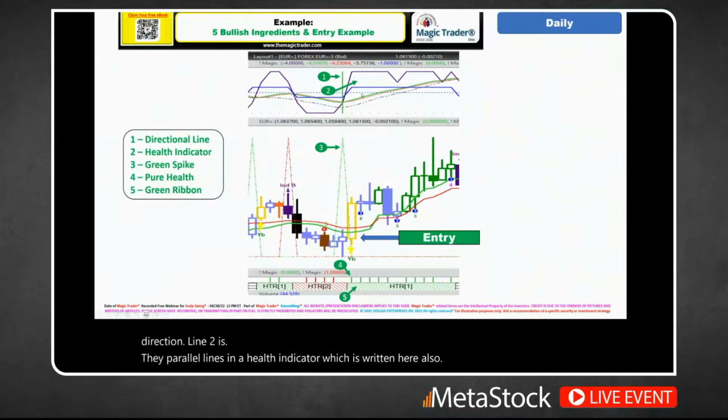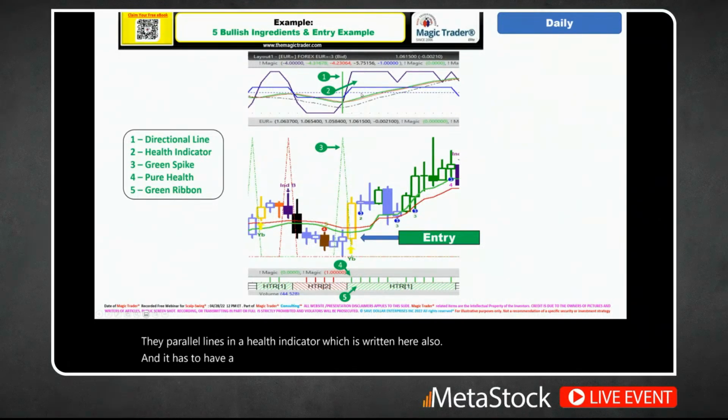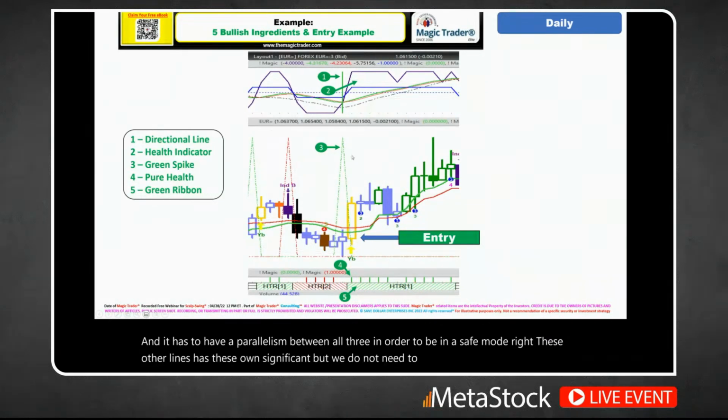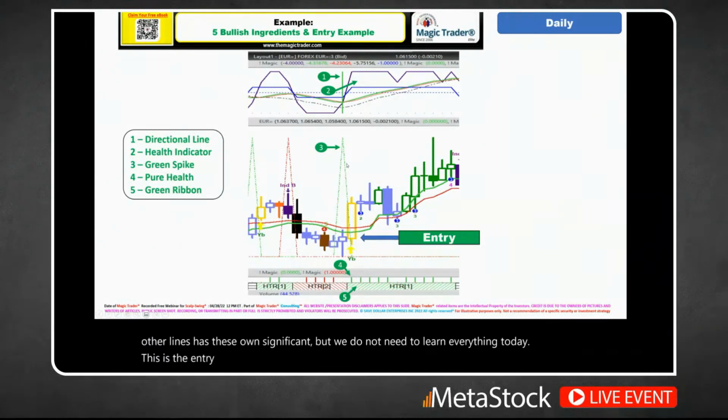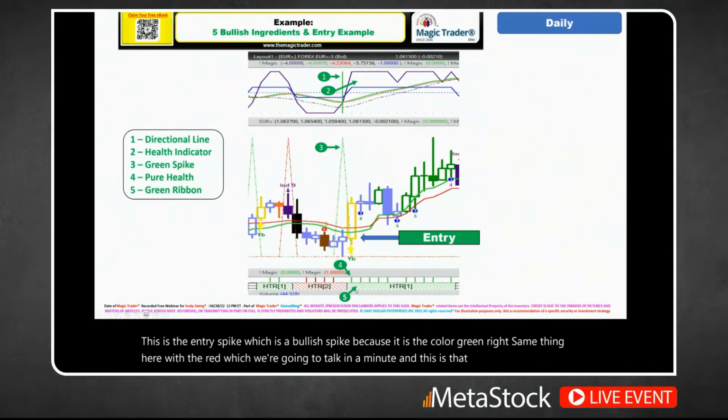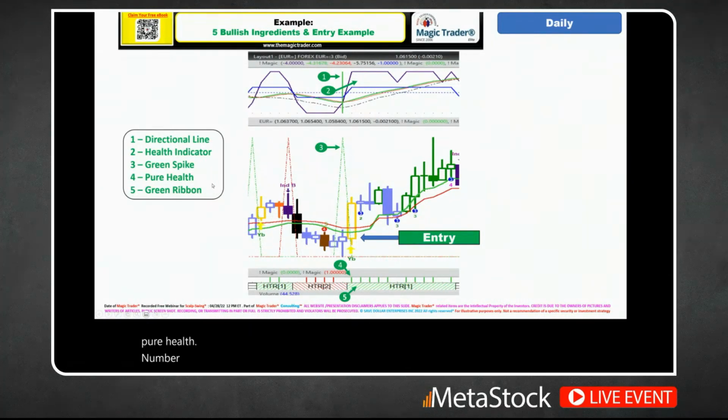And it has to have parallelism between all 3 in order to be in a safe mode, right? The other lines have their own significance, but we do not need to learn everything today. Now this is the entry spike, which is a bullish spike because it has the color green, right? Same thing here with the red, which we're going to talk about in a minute. And this is that catalyst. And this is the pure health, number 4. So it says here pure health, which is good.